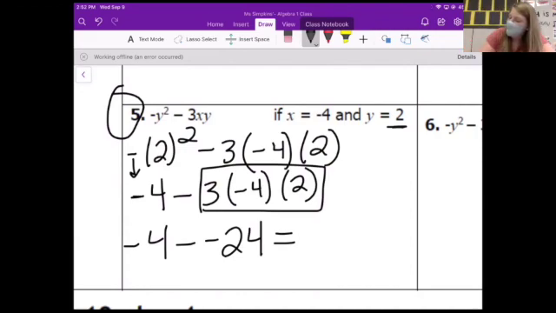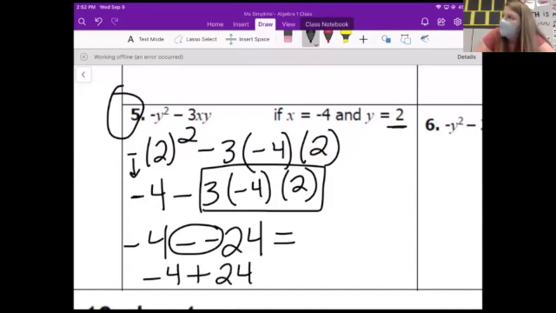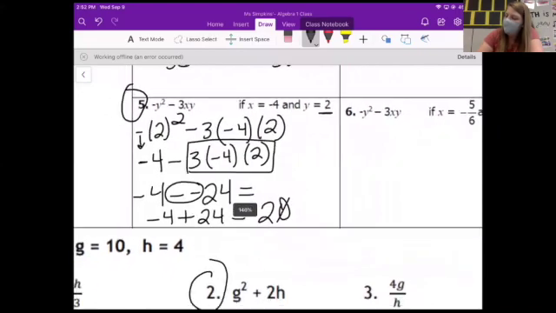But what he's saying is when you have minus a negative, we can change it to positive there. That sounds a little bit more mathy. So 4 plus 24 is what? 28, correct. You can use keep, change, change if you remember keep, change, change. That's fine. And then I'll keep that up there.